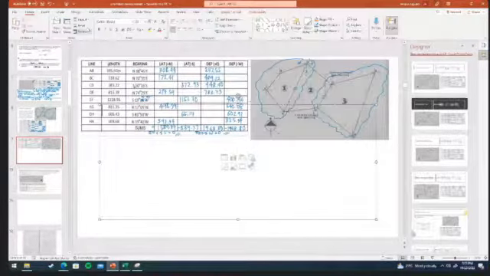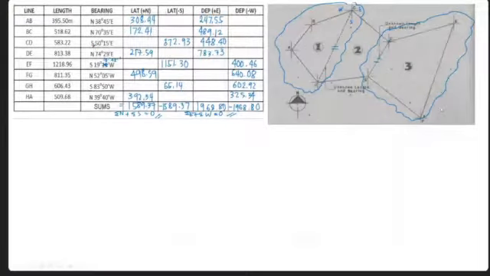So, first thing we will consider is this traverse. Traverse A, B, C, H, A. So, that is our direction, clockwise.